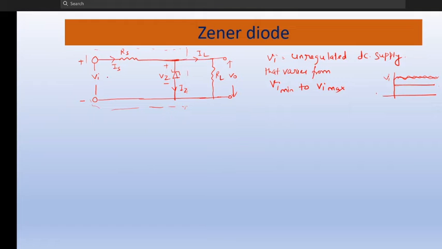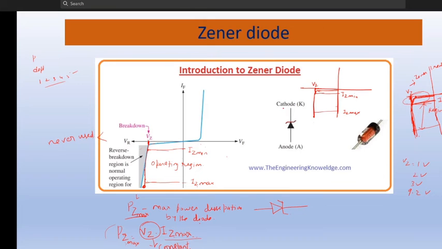So similarly, as you know, when this diode operates in the reverse bias, you can see this voltage is fixed, this voltage is constant, Vz is constant, but the current is increasing, and this Iz min to Iz max is the operating range of the Zener diode, right?